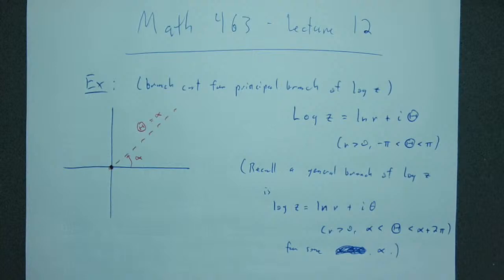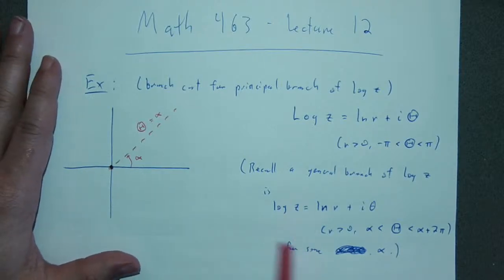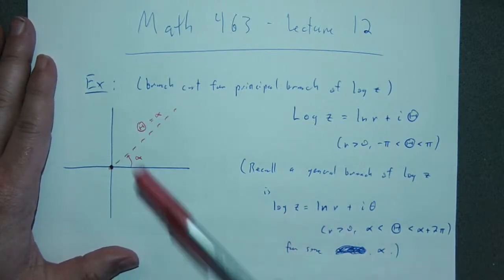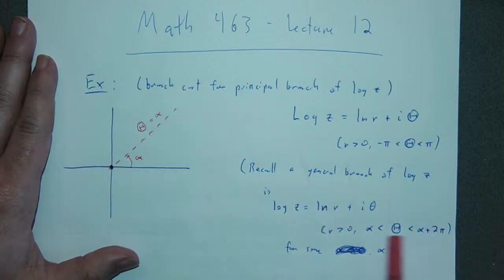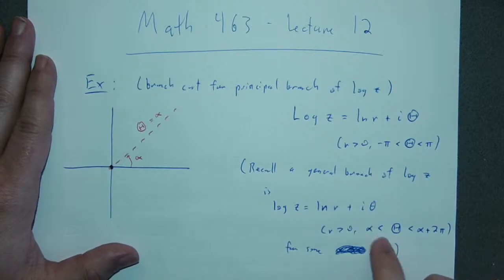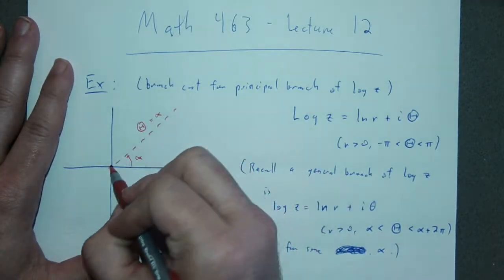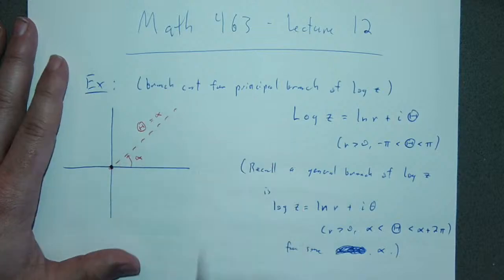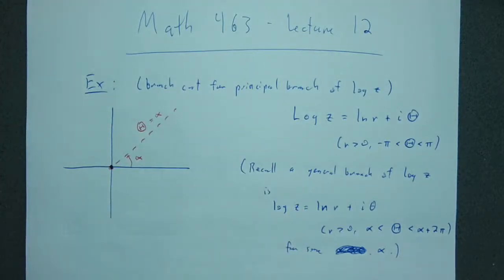In defining this branch, this ray is dashed because it's not included, since these inequalities are strict. What would happen if one of these inequalities was not strict? What gets included is this ray. Why is that a problem in this definition? Why don't we include the ray here?